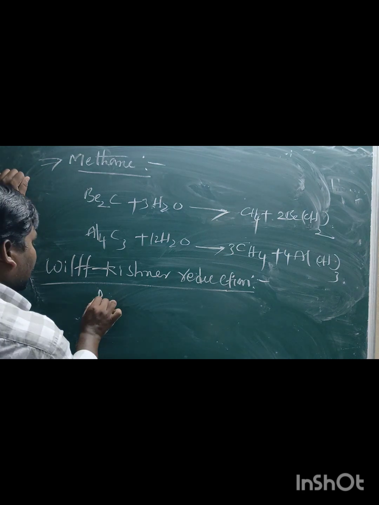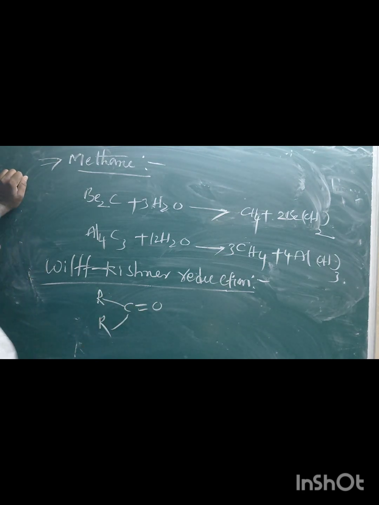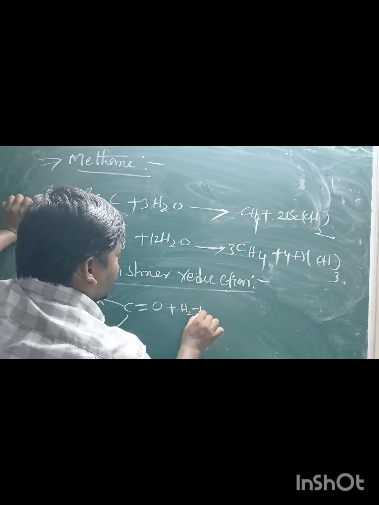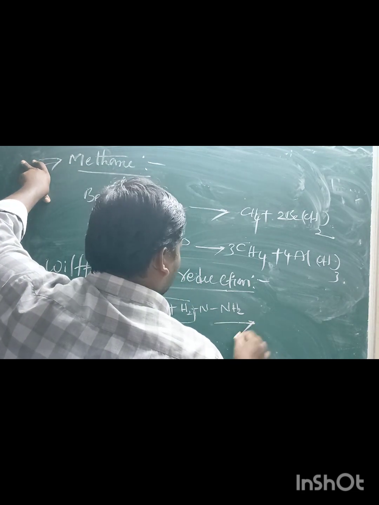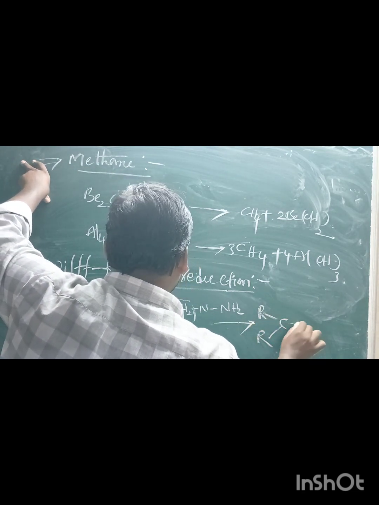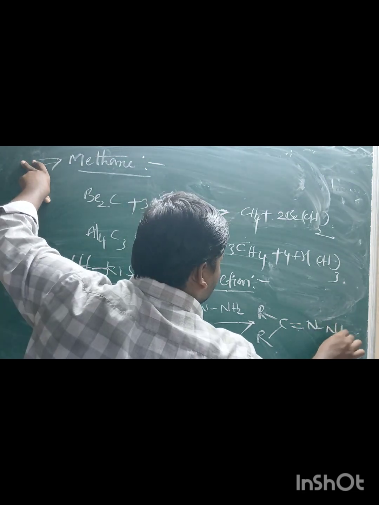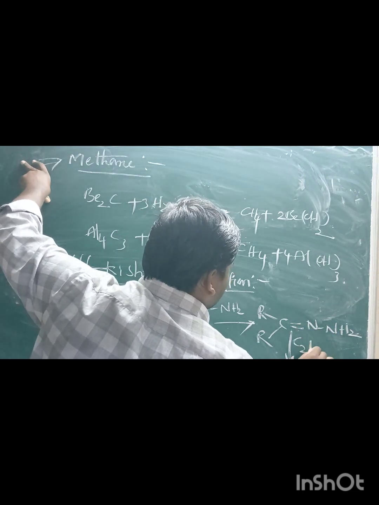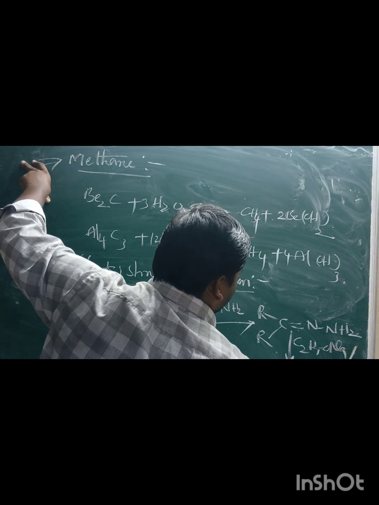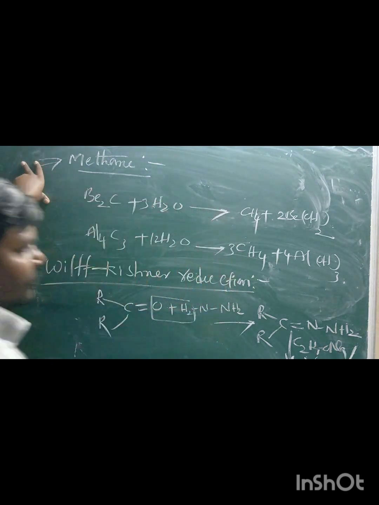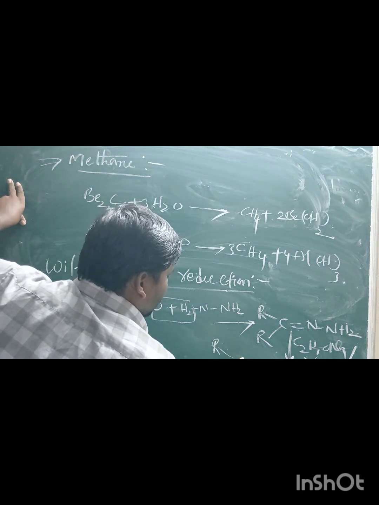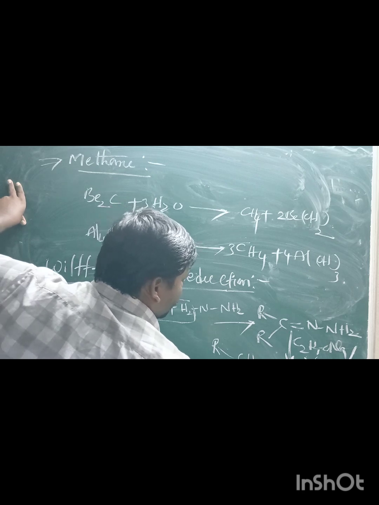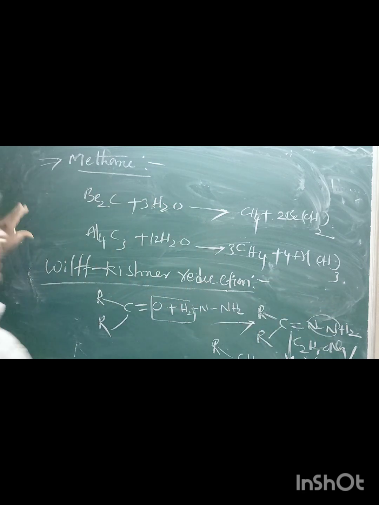For example, I am taking a ketone here. It reacts with hydrazine to form the hydrazone, R2C=N-NH2. It reacts with C2H5ONa or sodium hydroxide to form R-CH2-R plus nitrogen gas, which is liberated.